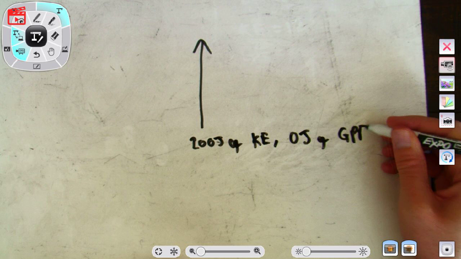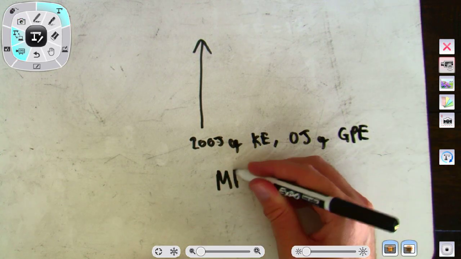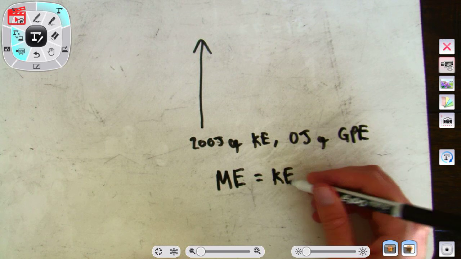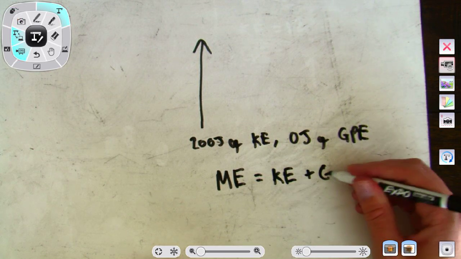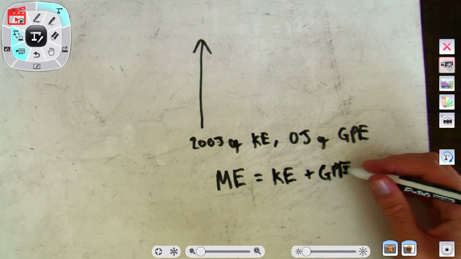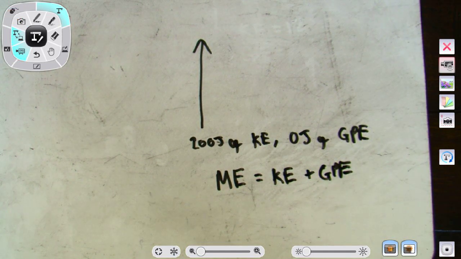So we're going to use this idea of the mechanical energy of the system equals kinetic energy plus gravitational potential energy. This time we don't have to worry about internal energy, because the question says to neglect or ignore friction. So we're not going to have any internal energy here. This is going to be true at all times. Mechanical energy will remain the same.